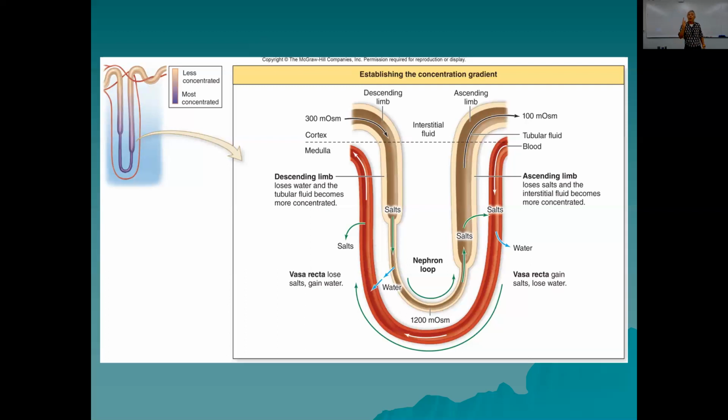But then it comes back up to the cortex, and salts come out of it, water goes into it, and by the time it gets up near the top of the nephron loop, near the PCT, it's 300 milliosmoles. So it's the same osmolarity that blood should be. Okay.